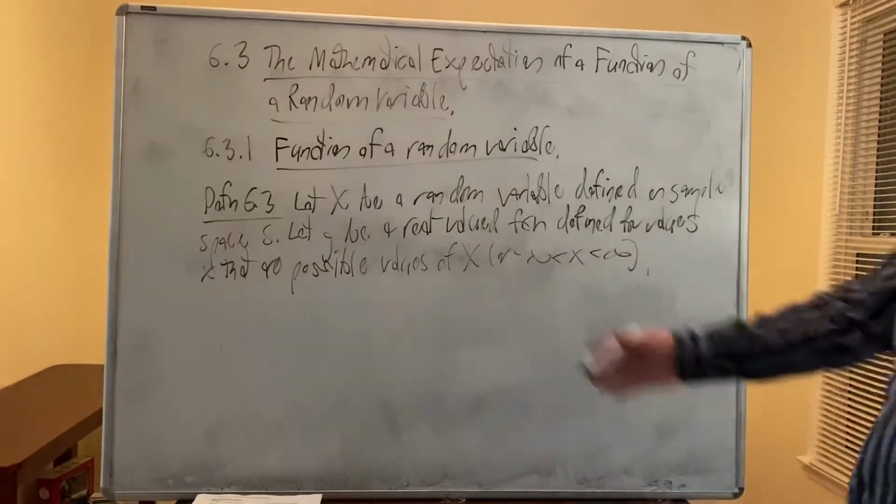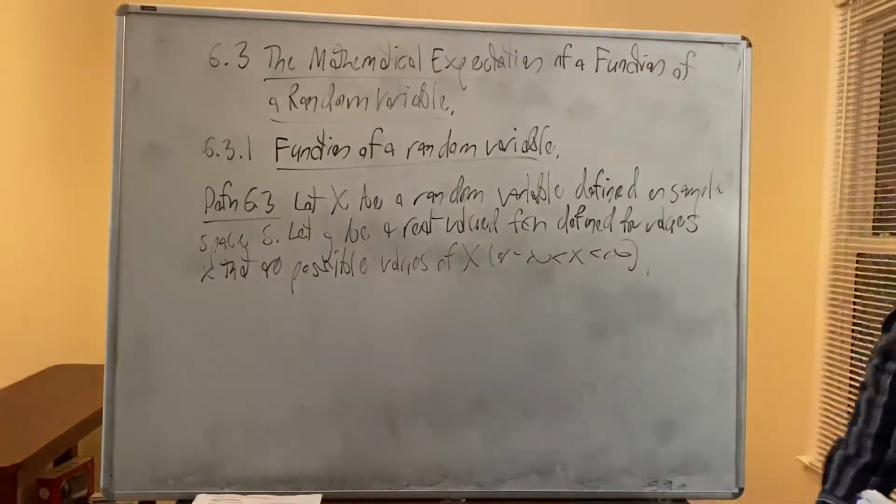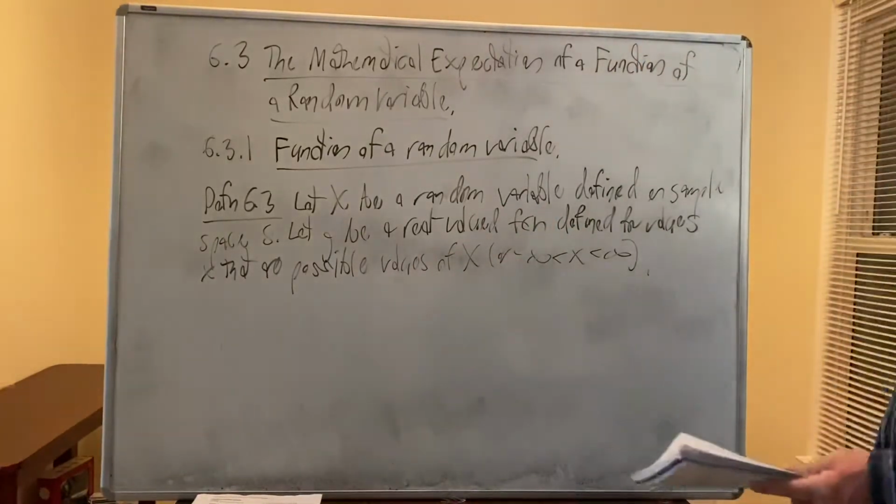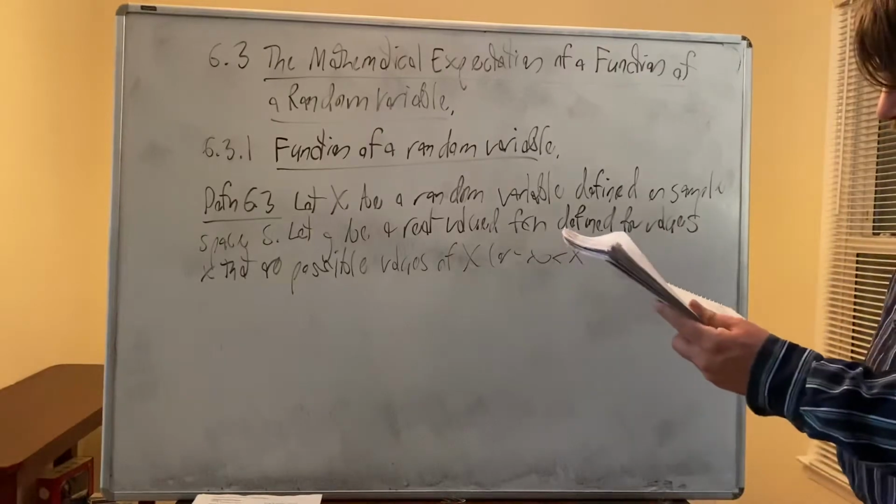So G is just a real valued function defined on all possible values of capital X, or for any real number little x.